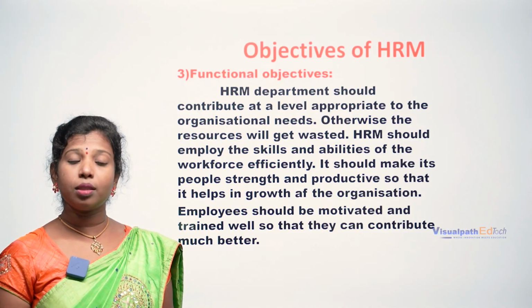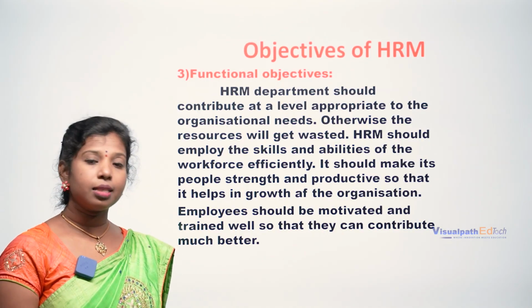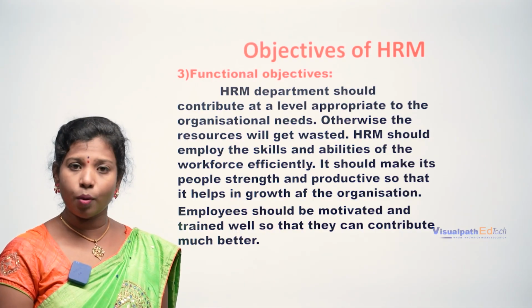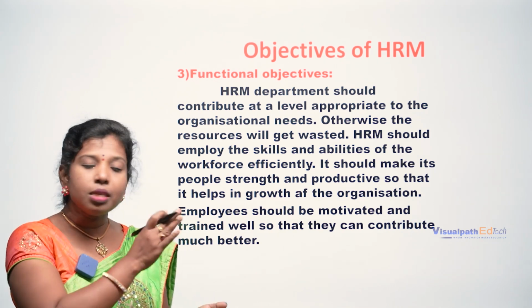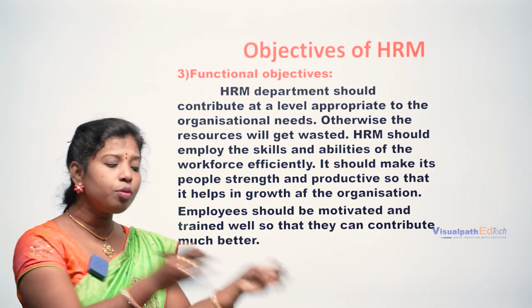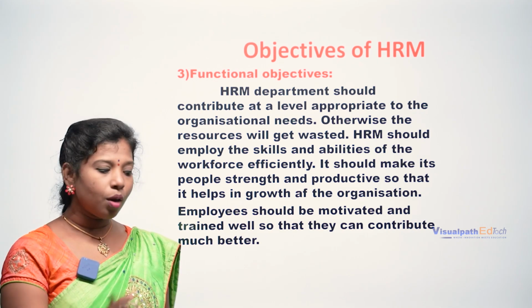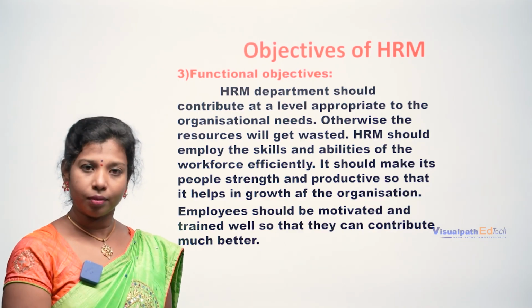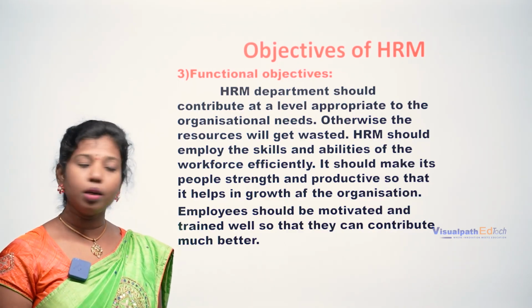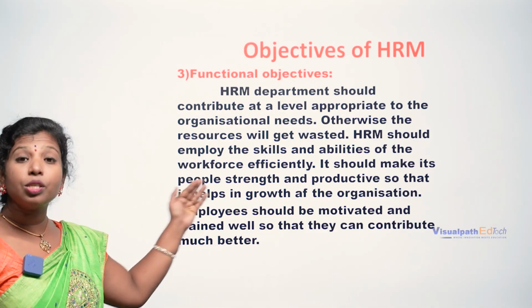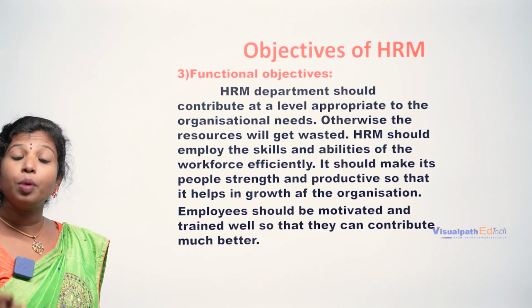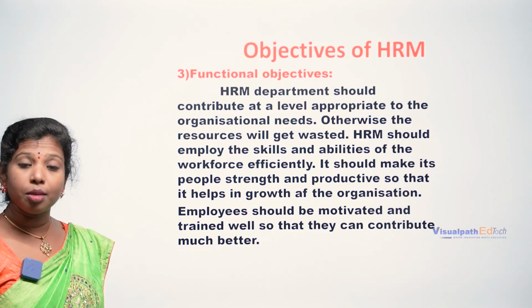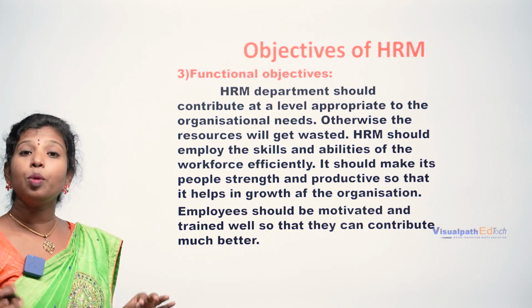If you take another example, like some machinery or equipment, the equipment is there within the organization, but for a certain period of time you are not using that equipment, means you are wasting that equipment, right? So when we talk about functional objectives, each and every resource should be optimally utilized, means no resource has to be wasted.